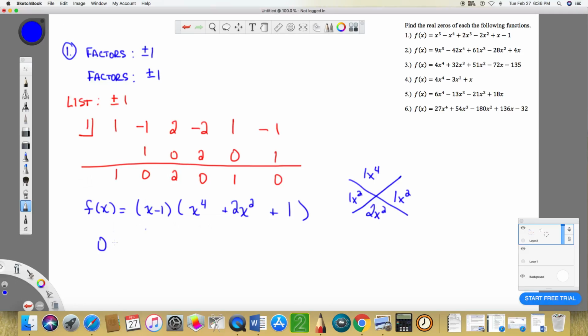So if I set this equal to 0, this factors to x squared plus 1 times x squared plus 1. And we can write that in factor form as x squared plus 1 quantity squared.